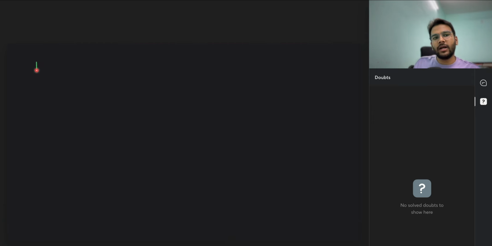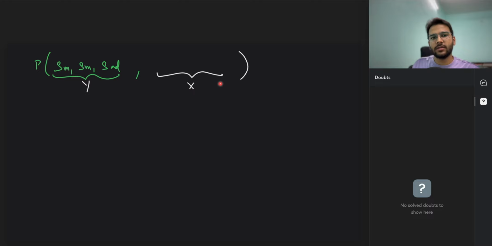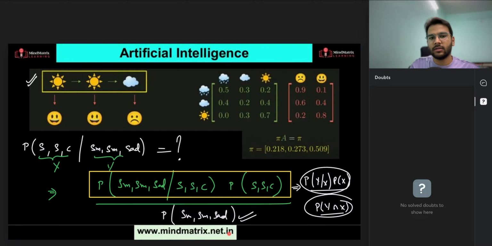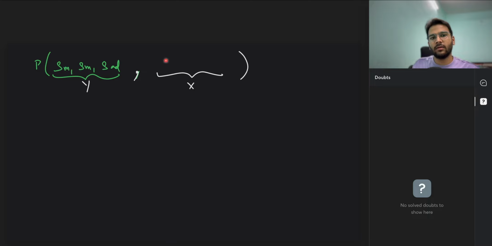Correct? So I can write it like this: probability of smile, smile, sad, comma. This part is for y, and this part is for x. That is sunny, sunny, cloudy. This is what we have to find out.